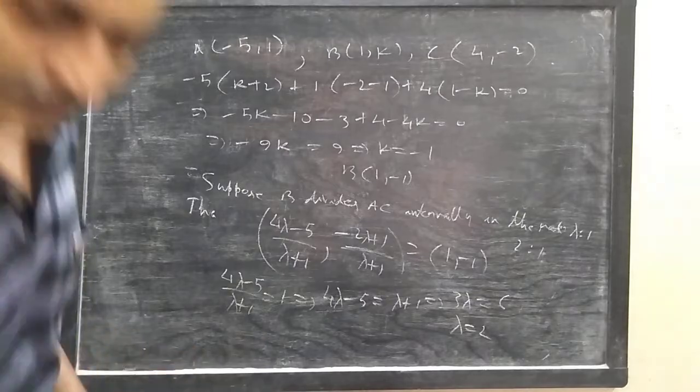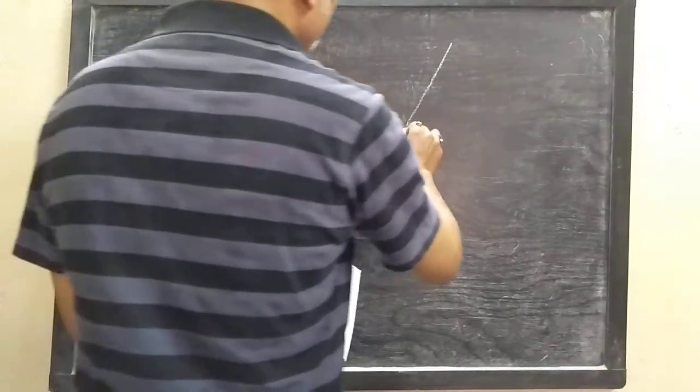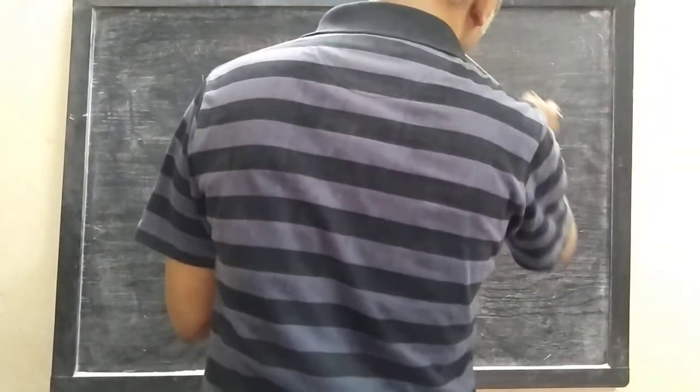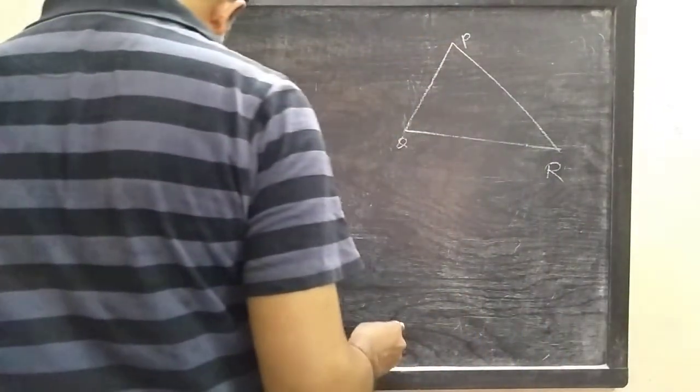Next question. Here we are given a triangle PQR, and we know the coordinates of the vertices.